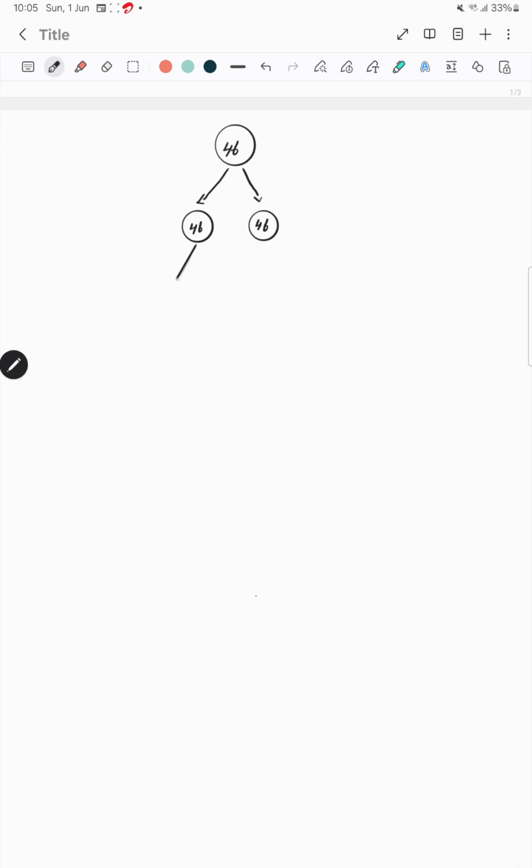Again, these two cells also divide and form a total of 4 cells.